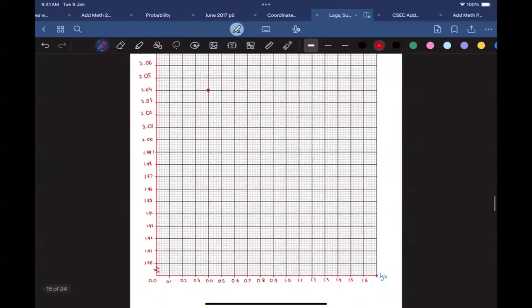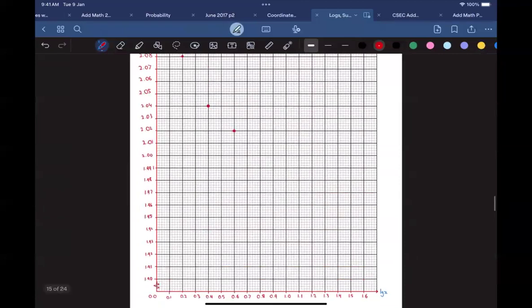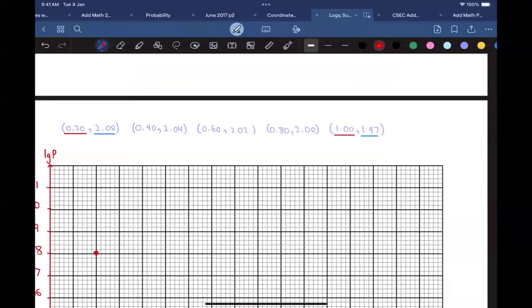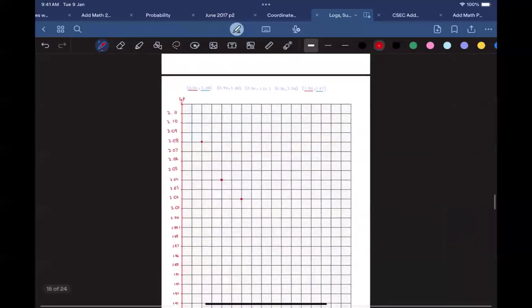So the other point is 0.60, 2.02. That's right here. Alia, finish it up. Where's the next point? 2.00. Nah, the other one, 1.97.